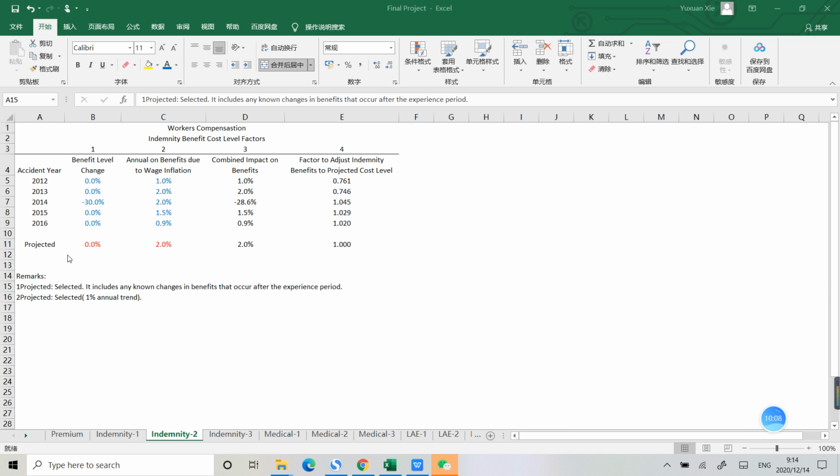The last row for column 2 is the expected increase in benefits due to wage increase that will occur between the historical period and the projected period. The selection is based on an estimated 1% trend for 2 years.